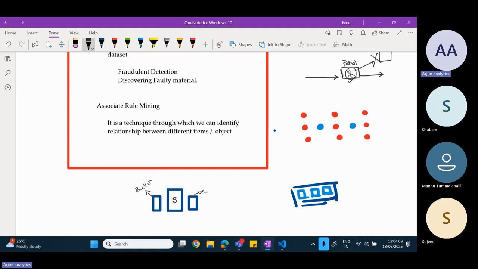Why are they kept together? Because very frequently people buy this combination, bread with cheese or bread with butter.